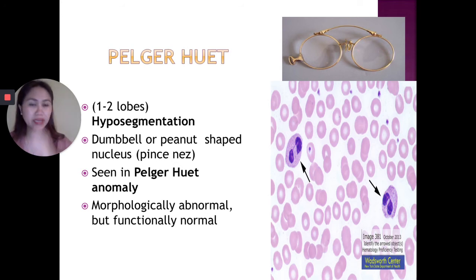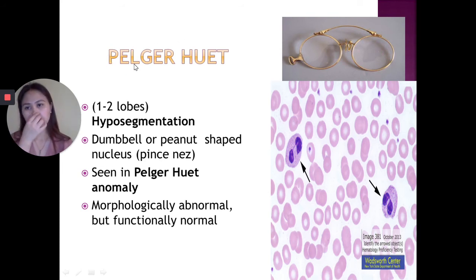By the way, this is called a pince-nez, eyewear. Around the 1900s, they used this as their eyeglasses. The nucleus looks like this pince-nez. That is the usual characteristic of the nucleus of Pelger-Huet.